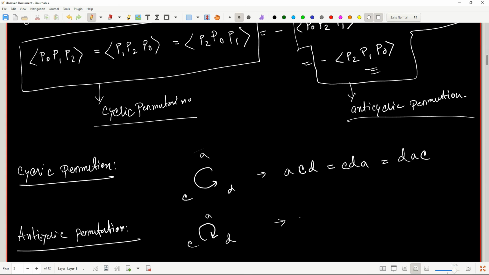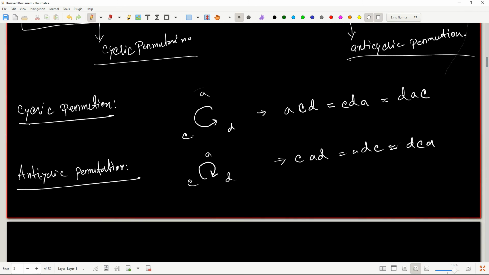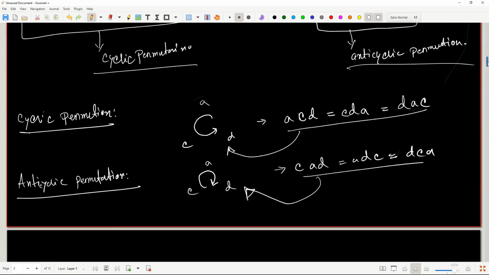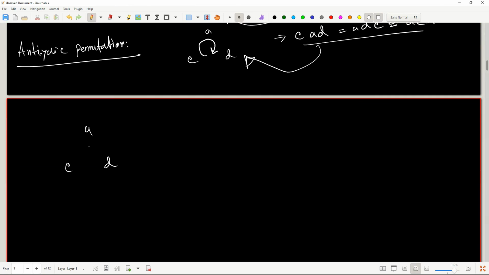So you can write C, A, D equals A, D, C, and then you can write D, C, A. And these two permutations, if I denote all this trio with this diagram and this trio with this diagram, then ACD, the cyclic one, all the elements of the cyclic one would be equal to minus of ACD with the elements of this configuration over here.